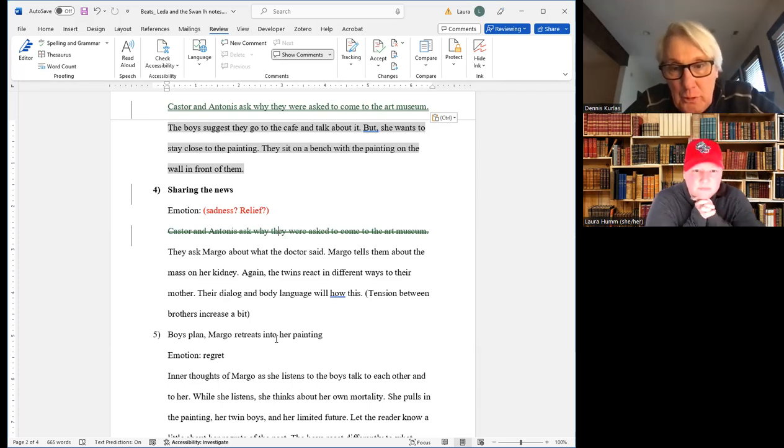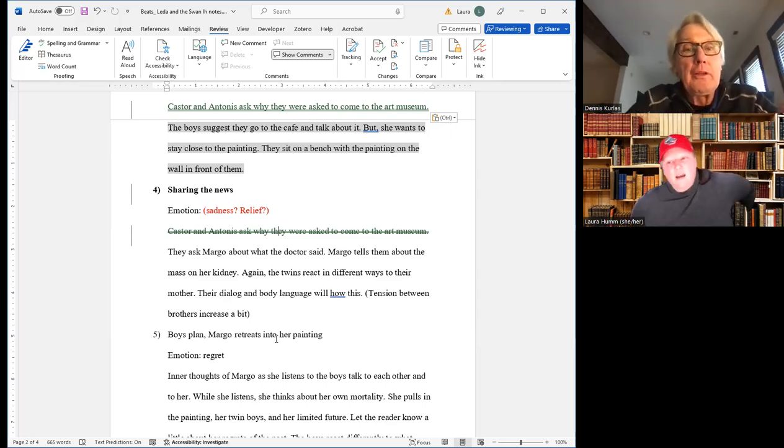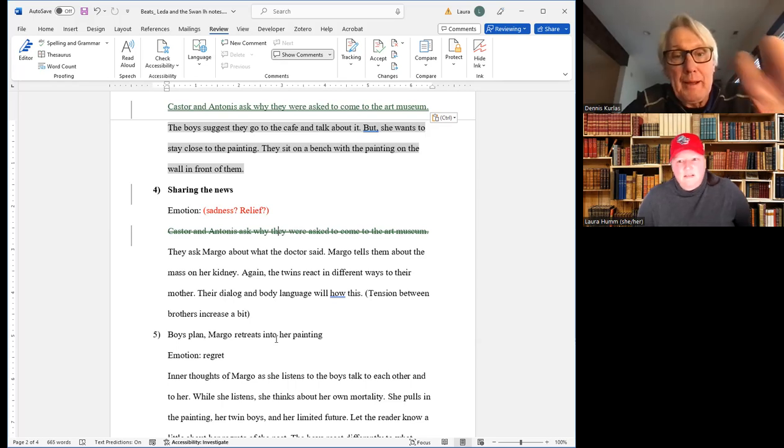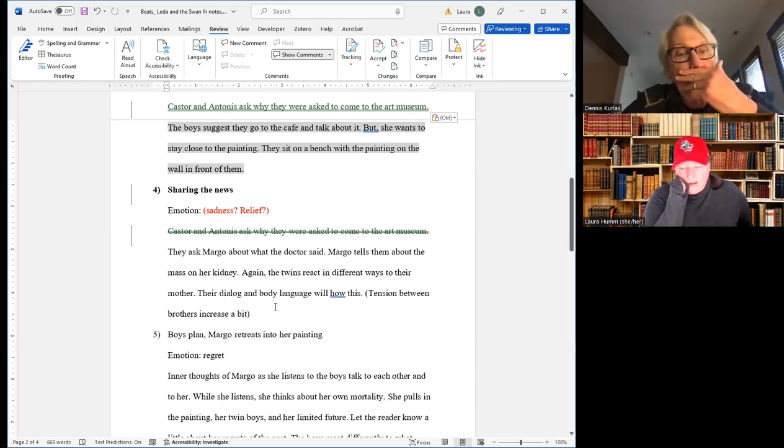So I'm changing that to more of, she's only got a few months, rather than a mass in the kidney. You can live with that for a while. You know what I mean? Anyway, I just want to throw that in there. So on this one here, it's all about the doctor and what he found. And that's sadness or relief.